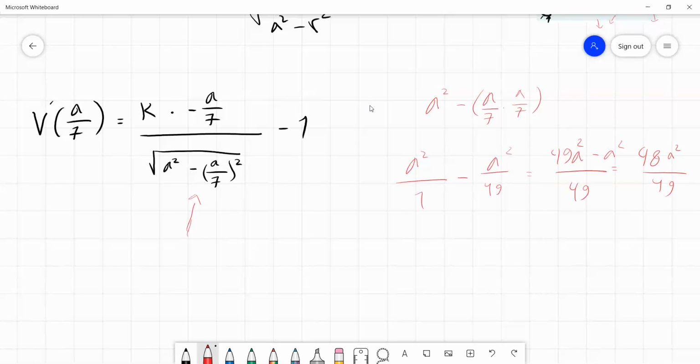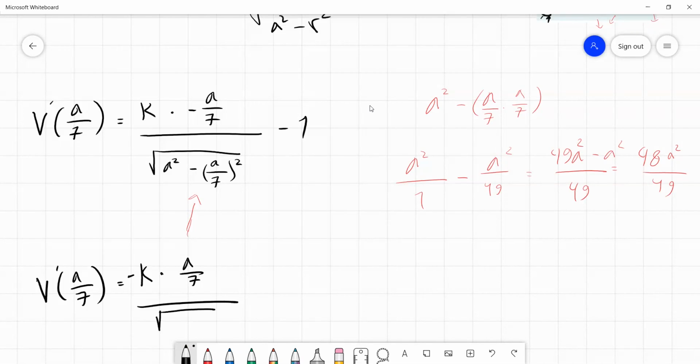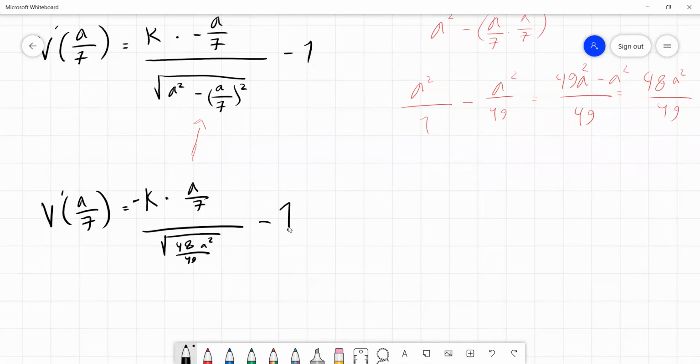Okay, brilliant. So now we can write it again as negative k times a over 7 divided by the square root of 48 over 49 a squared, minus 1.